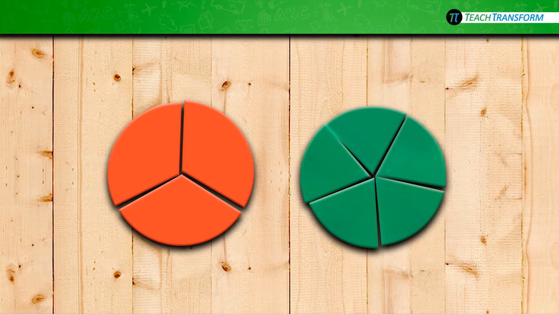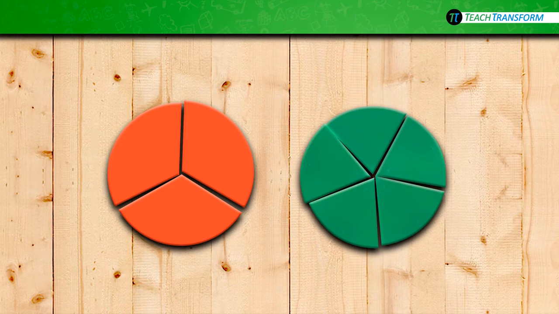Your manipulatives should look like this. Look at part 1 of your sheet. See the circles at the top? Pause the video and do 2 things. Adjust your manipulatives if you need to so that they match mine, and then partition the circles on your sheet. One should be partitioned into 3 pieces and the other into 5.